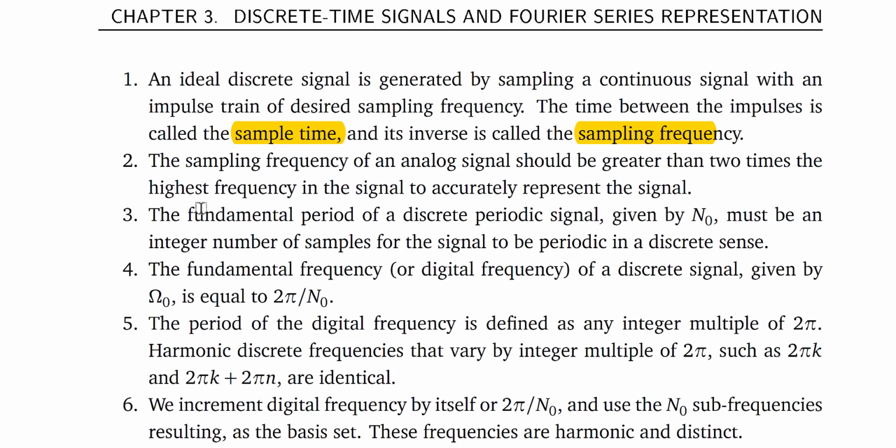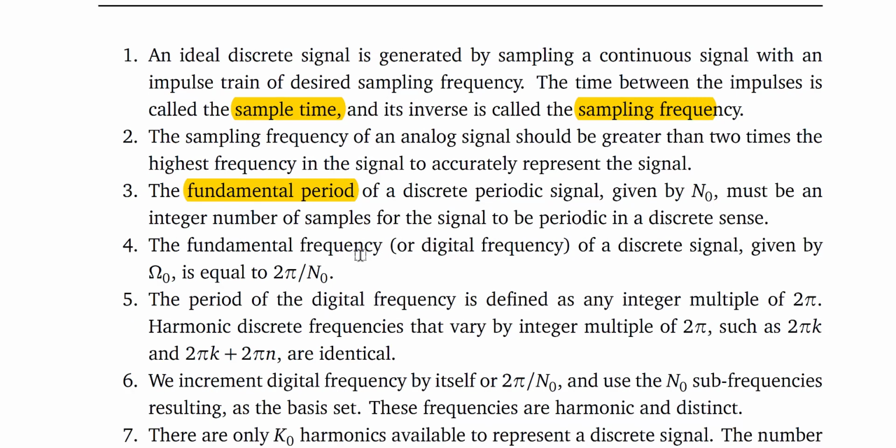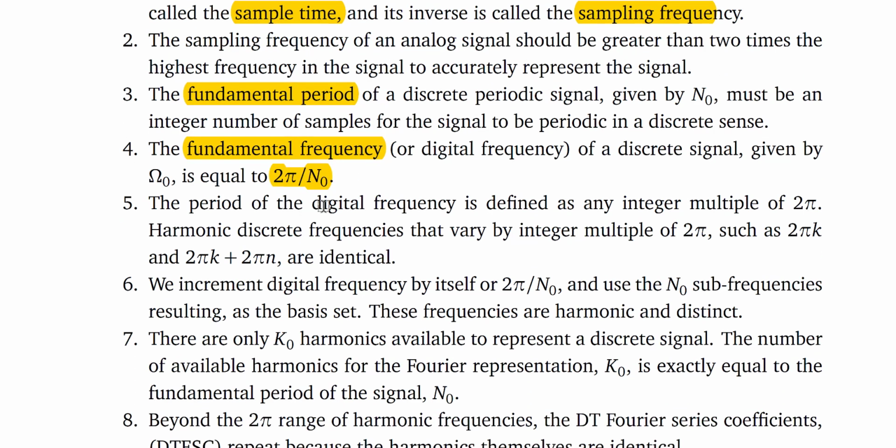The fundamental period of a discrete periodic signal, given by N0, must be an integer number of samples for the signal to be periodic in a discrete sense. The fundamental frequency, or digital frequency, of a discrete signal is given by 2 pi over N0. The period of the digital frequency is defined as any integer multiple of 2 pi.